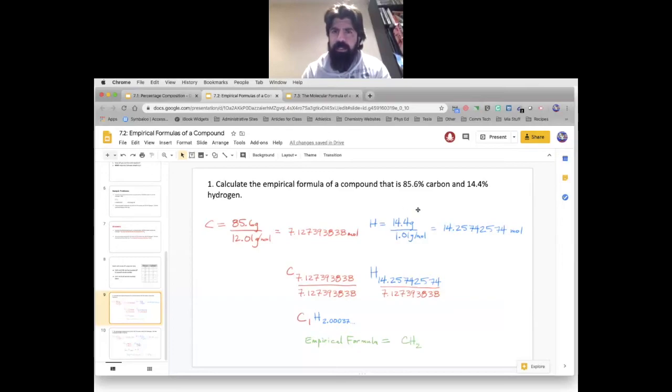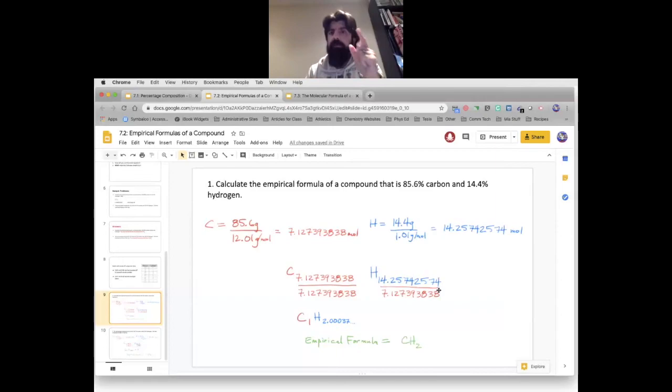We took the 14.4 grams, we divided it by 1.01 grams per mole to get this many moles of hydrogen. So this 7.12739 is the subscript for carbon. And this is the subscript for hydrogen. Doesn't it look like a really big formula?